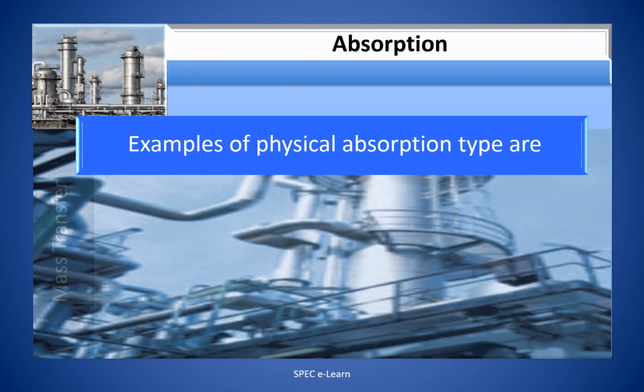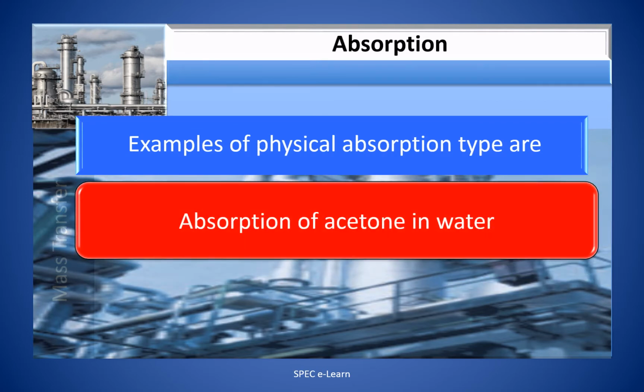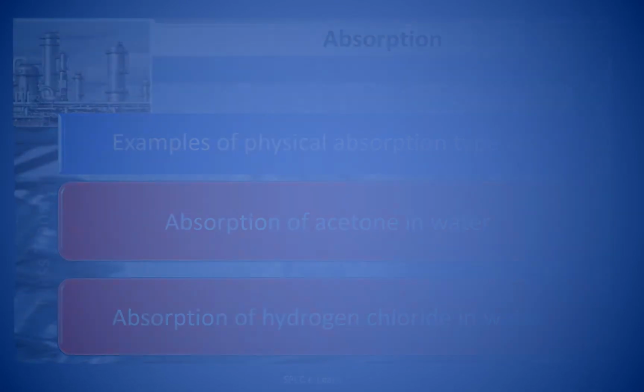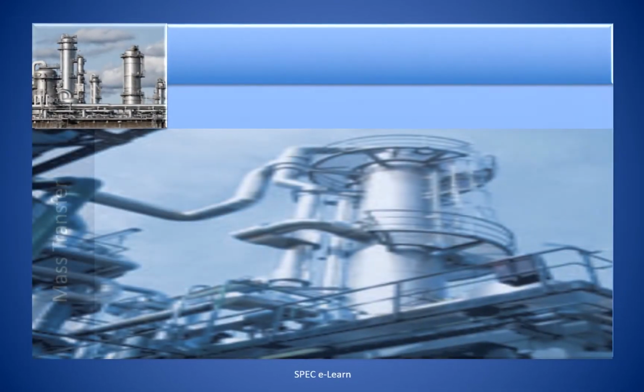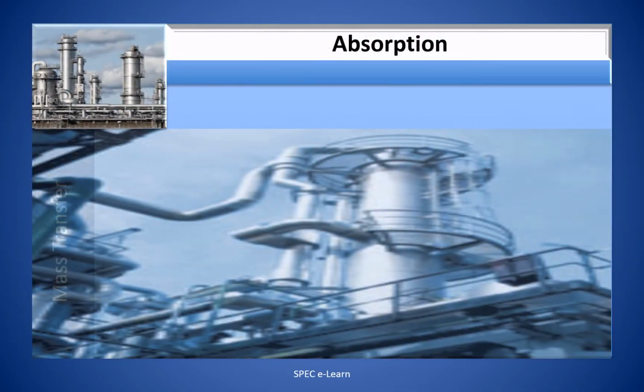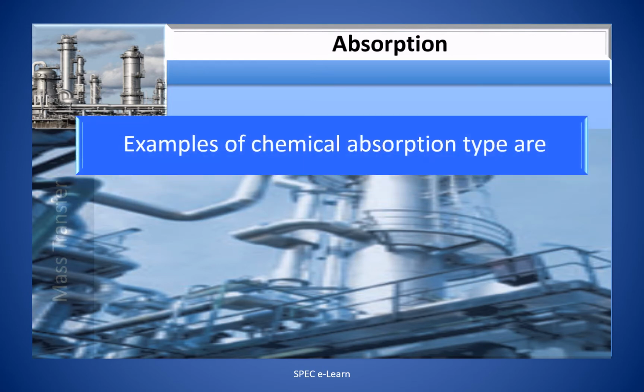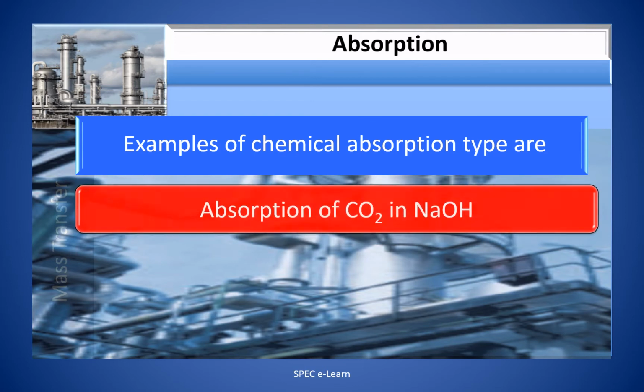Examples of physical absorption type are 1. Absorption of acetone in water. 2. Absorption of hydrogen chloride in water. Examples of chemical absorption type are 1.